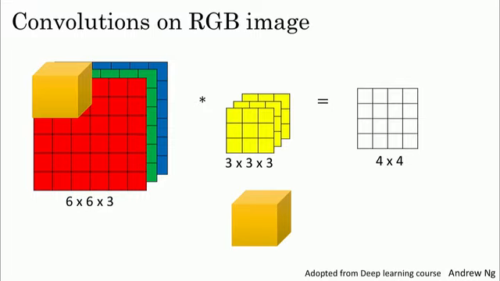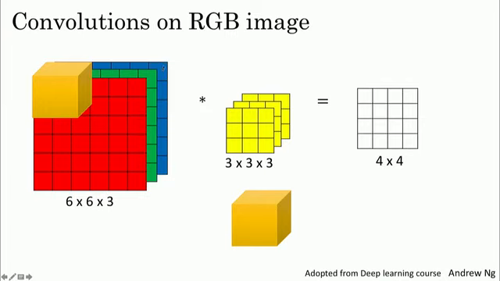Convolution on RGB images. So far we've been talking about a grayscale image where we only have one channel. So what happens if we have an RGB image with 3 channels? In this case, you need to add more layers to your filter. The depth of the filter should be the same as the depth of the image.